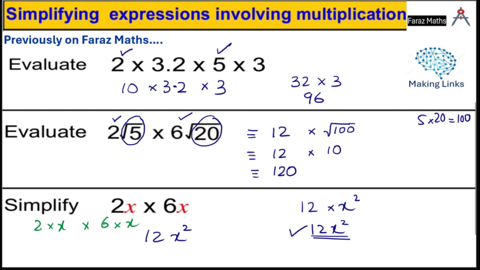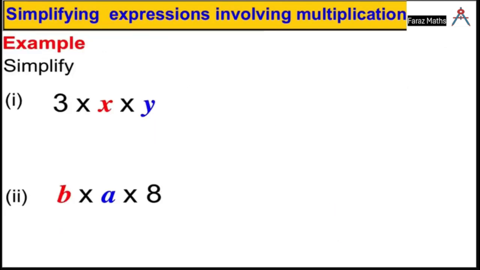As I go through the video, do each example. Please feel free to pause and try them yourself first and then check your answers. Coming to the next, we have 3 times x times y. You can just write it without the multiply sign, so that would be 3xy. Now this is b times a times 8.